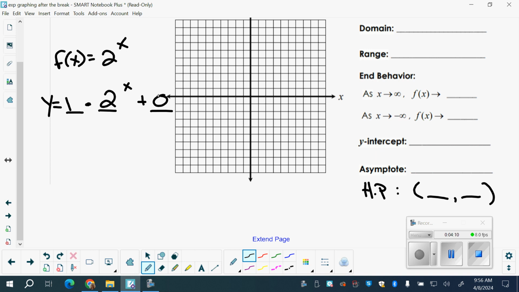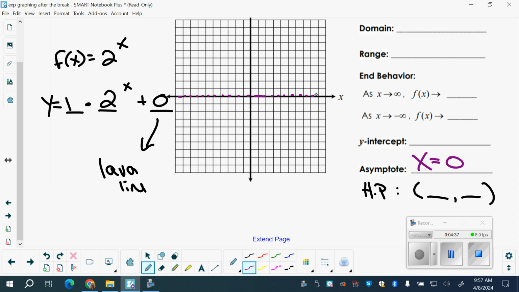So the first spot that we're going to talk about is this guy. And you know what he tells us? He tells us our lava line, or the real word for that is asymptote. So it is at 0. And the way we write that, oh, it's been a hot minute, is x equals 0. So what I'd like you to do on your graph is put some lava right at 0.